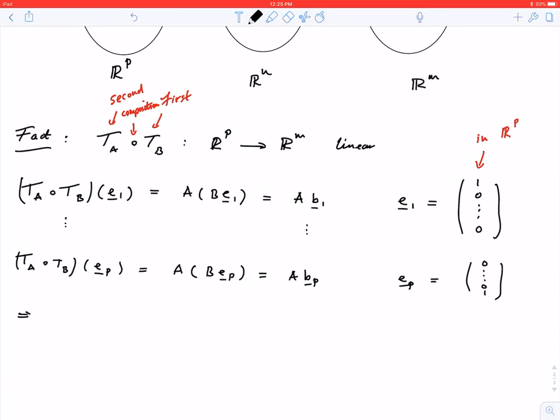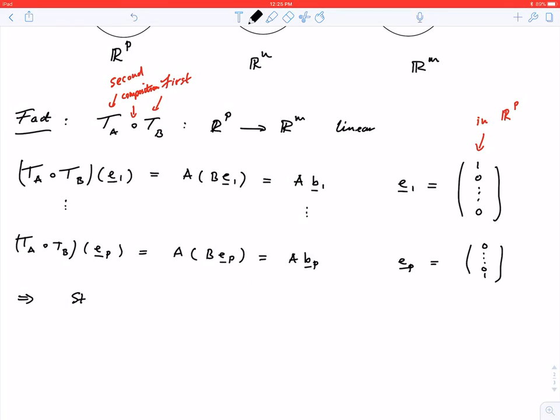The standard matrix of the linear transformation TA composed with TB is equal to the matrix A B1, A B2, dot, dot, dot, A B P.